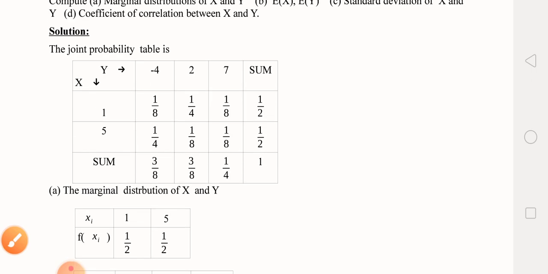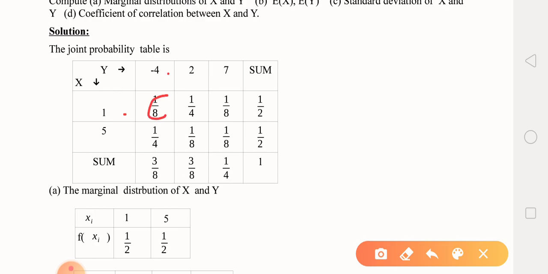So for the joint probability table, we have to consider all possible combinations of x and y along with their probabilities. I will start with x equal to 1: 1 into minus 4 into 1 by 8 plus 1 into 2 into 1 by 4 plus 1 into 7 into 1 by 8 plus 5 into minus 4 into 1 by 4 plus 5 into 2 into 1 by 8 plus 5 into 7 into 1 by 8.